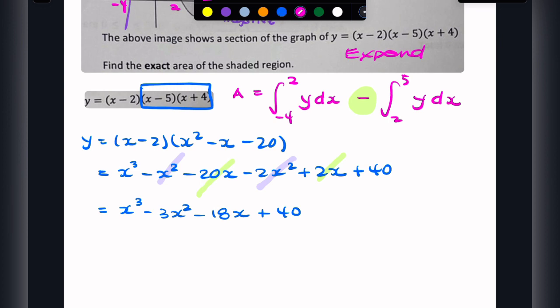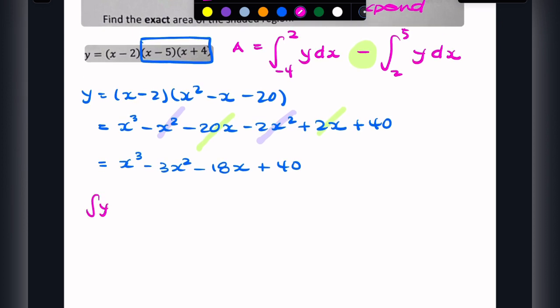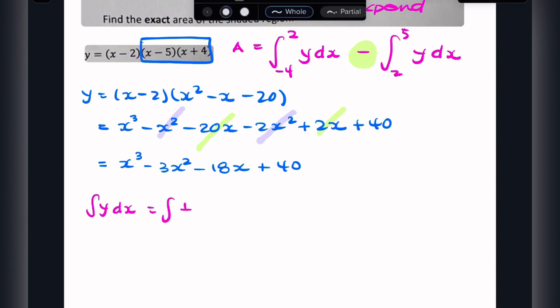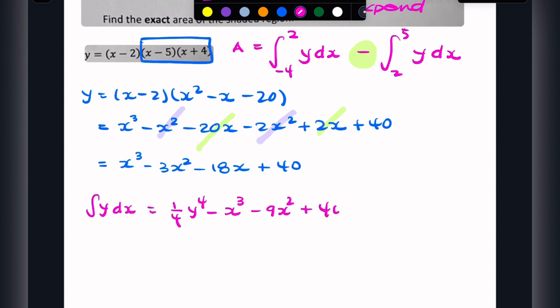And if I wanted the integral of y dx, that will be the integral of that. So let me just put the answer. That will give me 1 over 4 x to the power 4 minus x to the power 3, because that will be 3x to the power 3 over 3, minus 9x squared plus 40x plus c.